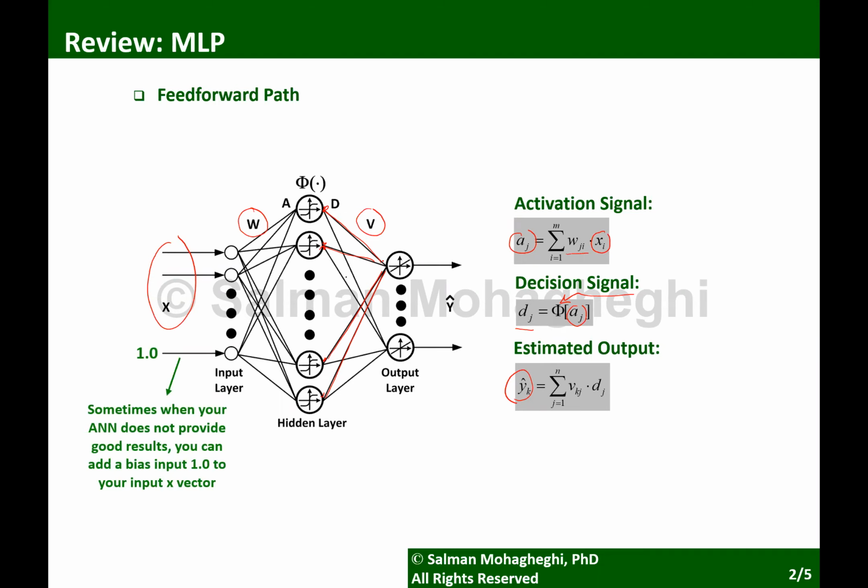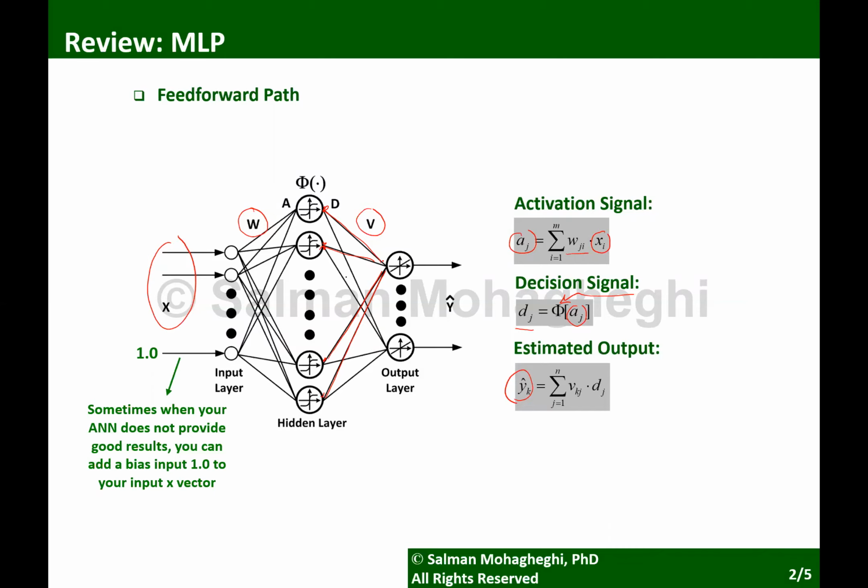Sometimes, in addition to the usual inputs, the usual dimensions of the input, we want to add another constant as an additional input. This is what we call a bias input. Bias sometimes helps us with adjusting the input weights and output weights more effectively. And in fact, in the example that we're going to do later today, I would like you to add this bias input as well.